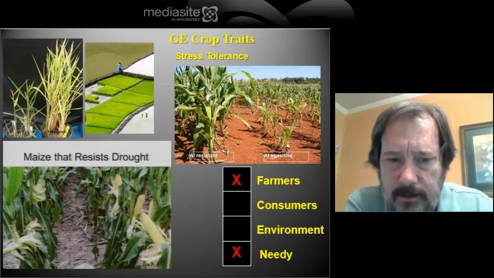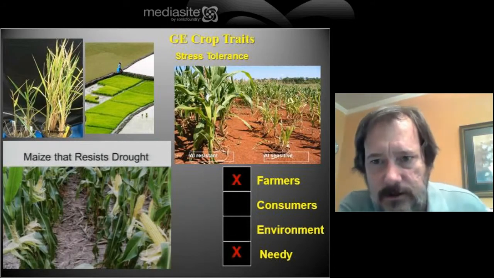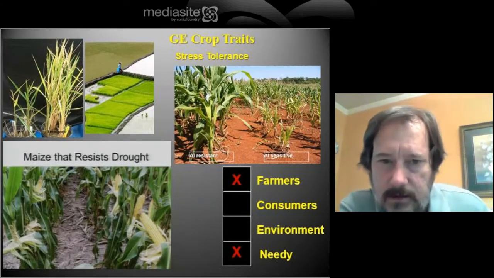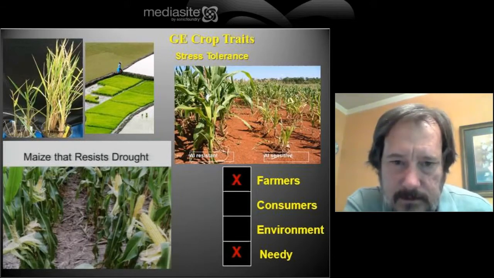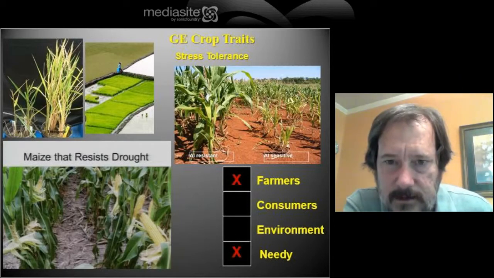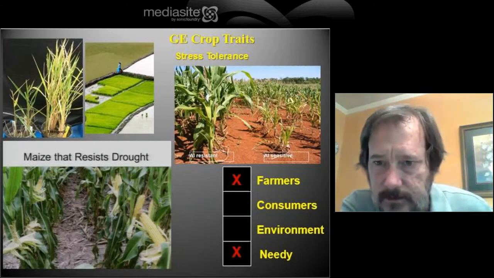Here we have several examples of stress tolerance type traits. On the top left you have salt resistant rice, and next to that you have some flood resistant rice. We'll look at that in a little more detail in a minute.